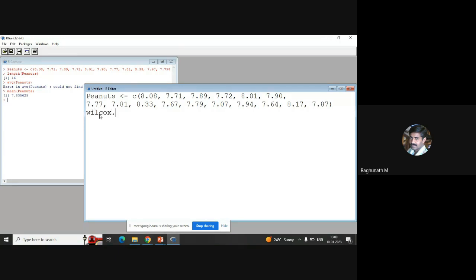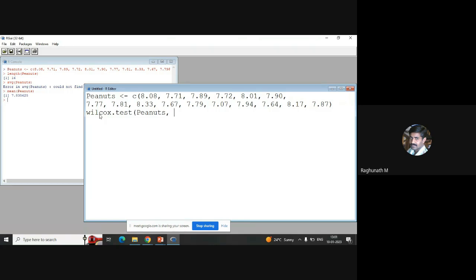So whenever you are using any test, you have to prefix with whatever the test is there. wilcox.test. Then you pass whatever the data is there. So here the data is peanuts. Since it's case sensitive, I have used the first letter as a capital.